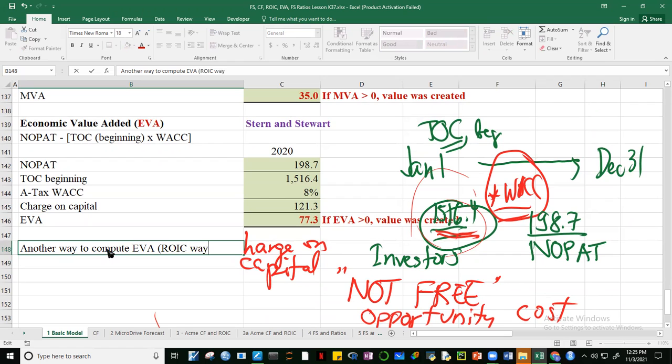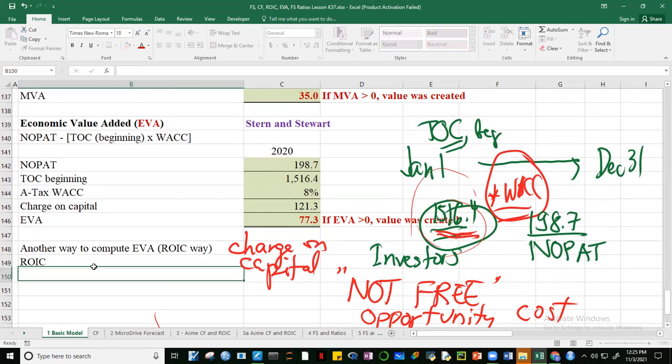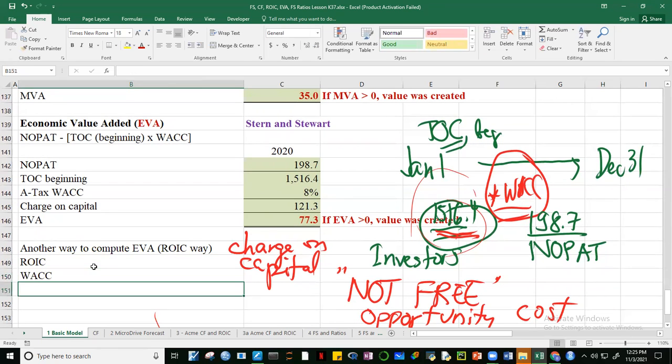ROIC way. How do we use the ROIC? First we have here ROIC and then the WACC. The difference between the two, and then the TOC at the beginning.